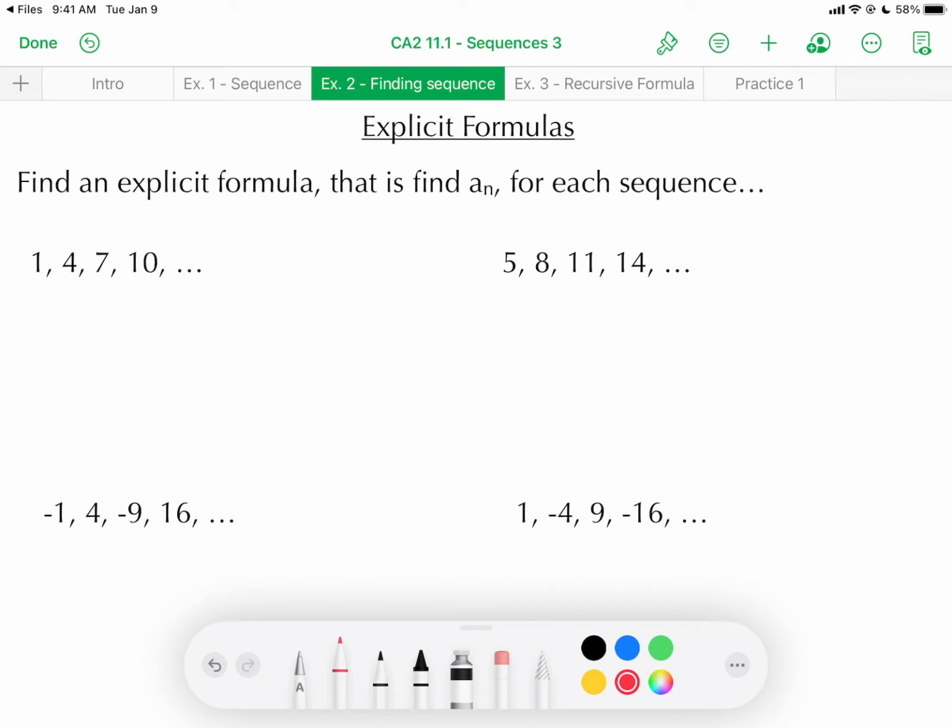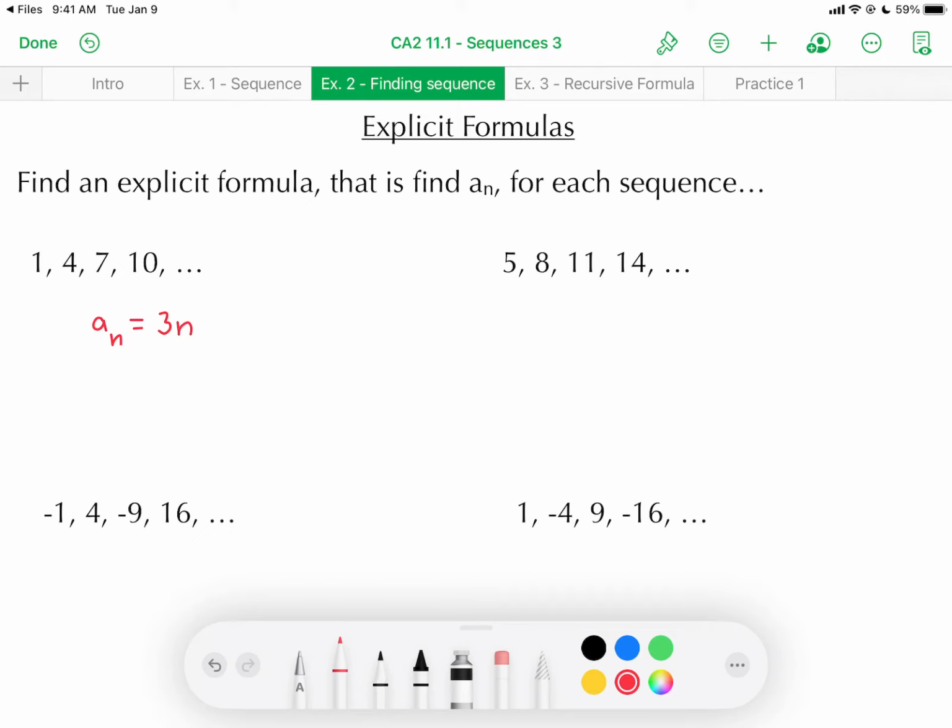Now, repeated addition yields multiplication, doesn't it? Repeated addition can be represented with multiplication. So, I'm going to start here. I'm going to say a sub n is equal to 3n. Why 3n?